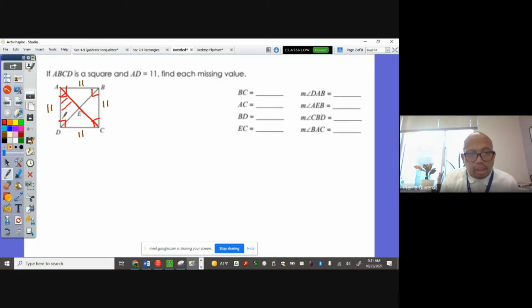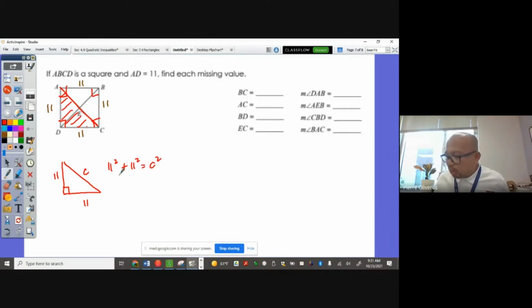Remember, we have a right triangle over here. So we can use the Pythagorean theorem, which we got from Pythagoras. 11, 11, that's 90 here. We're going to find the C here. So 11 squared plus 11 squared is equal to C squared. So that will be 121 plus 121, which is equal to 242.